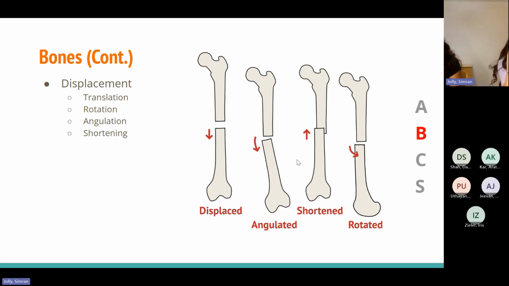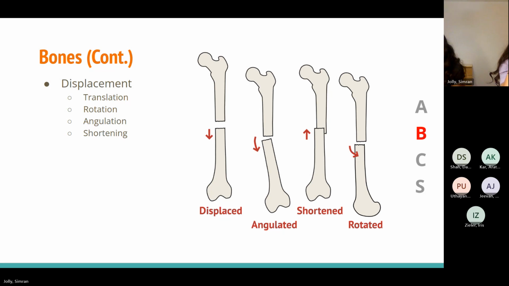Okay, and again, with bones, you can comment on if there's any displacement. So any translation, rotation, angulation, or shortening. And you can see from the images that I've put up, translation is just about how much the bone is displaced from where it is meant to be.